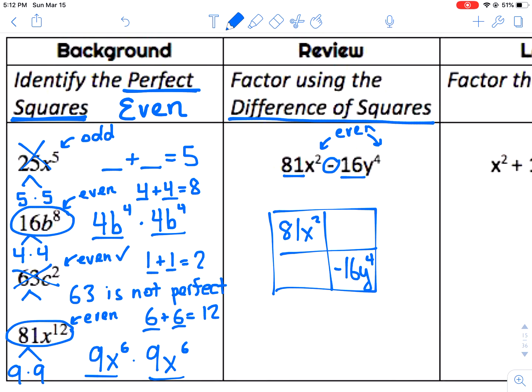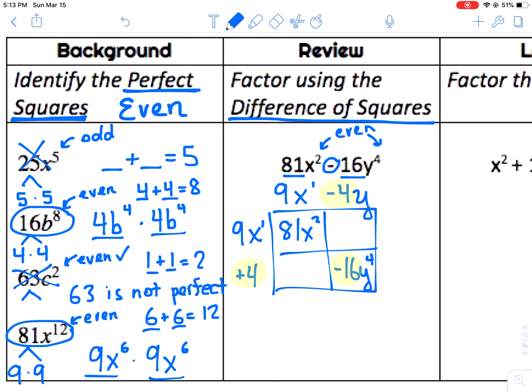If we split up 81, we would have 9 times 9 is 81. And if we split up x^2 into two groups, we would have x^1 and x^1. Then if we split up this negative 16y^4, we would have negative 4 and positive 4, because we need a negative 4 and a positive 4 if we're going to multiply to negative 16.